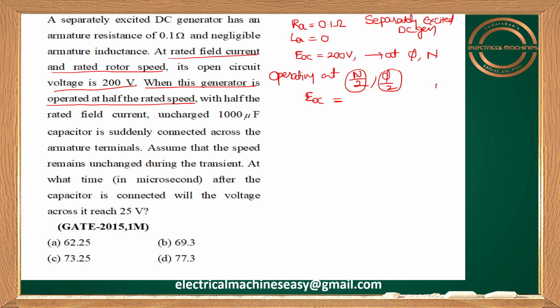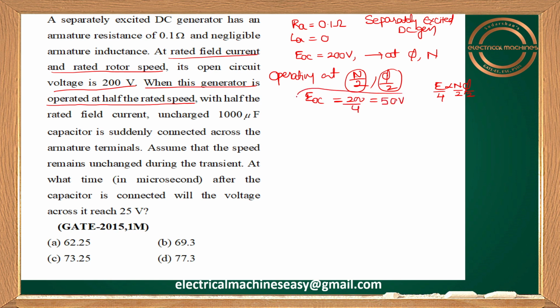You already know E is proportional to N phi. So if N becomes half and flux becomes half, E reduces by 4 times. Therefore EOC is 200 by 4, and your answer is 50 volts only.